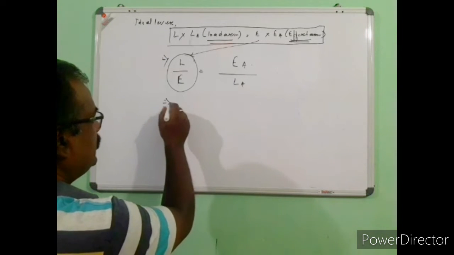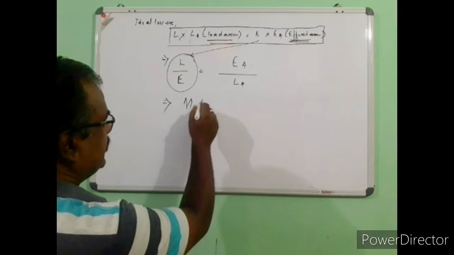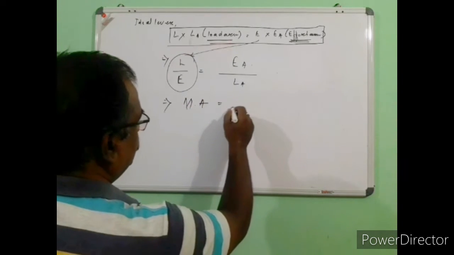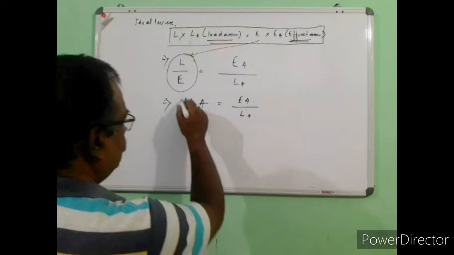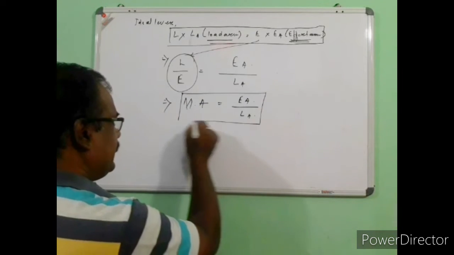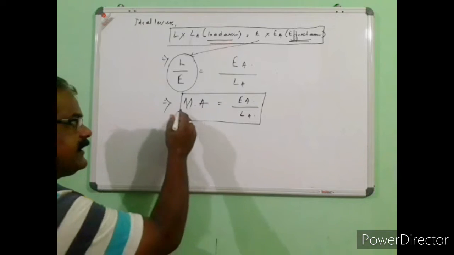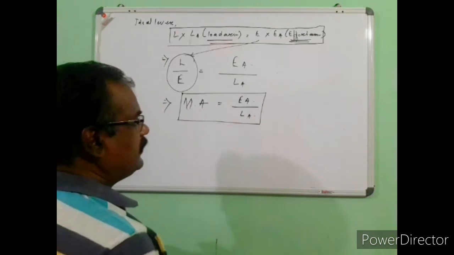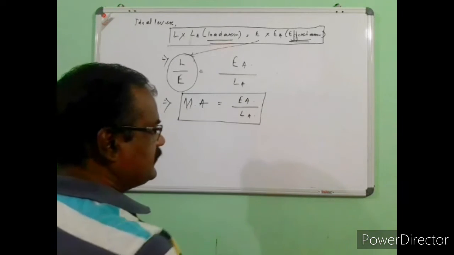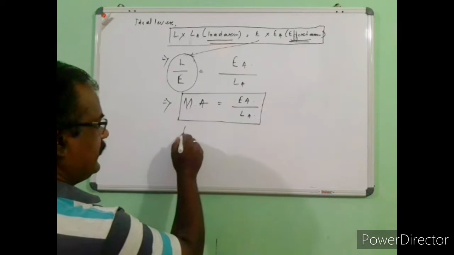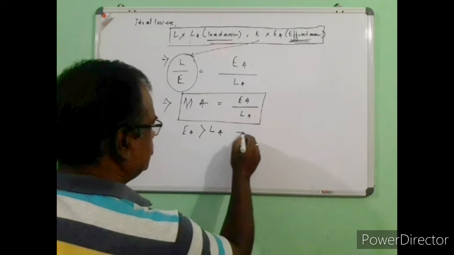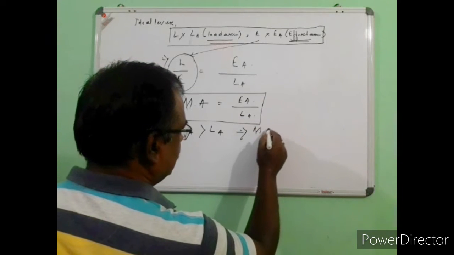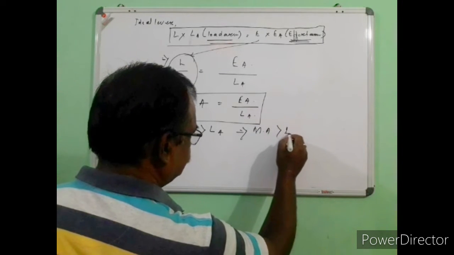So the mechanical advantage of the lever is equal to effort arm upon load arm. From this relation we can say that mechanical advantage depends on the effort arm as well as the load arm. If effort arm is greater than load arm, then mechanical advantage will be greater than 1.